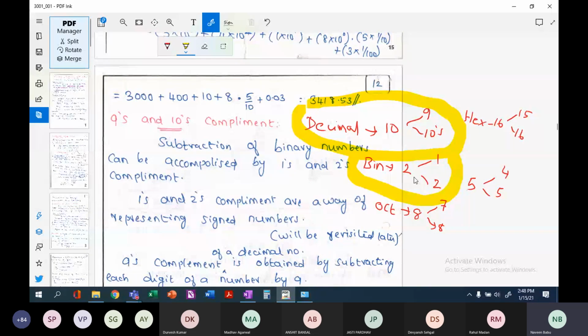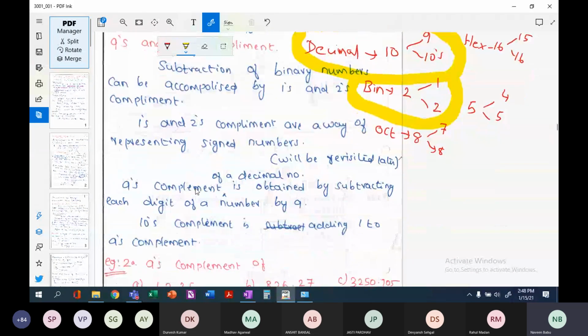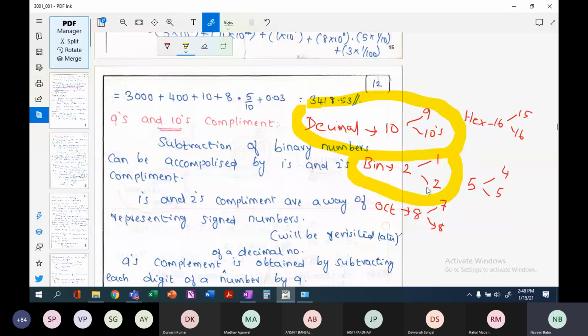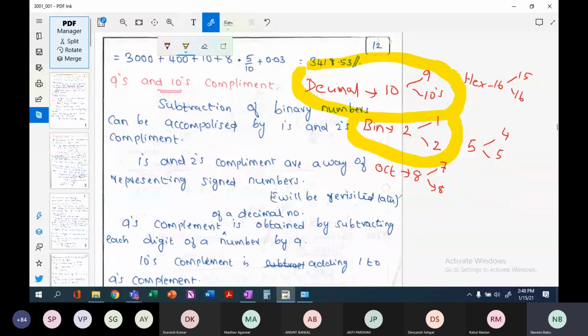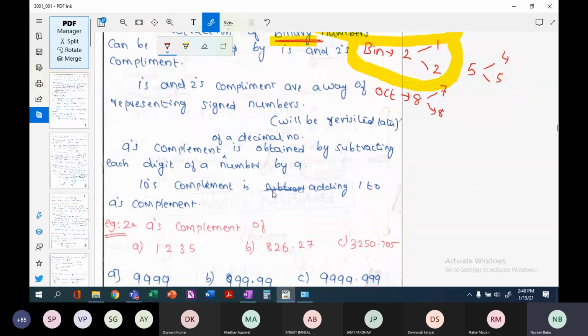That is the reason, as far as this particular chapter is concerned, we will be doing 9's complement and 10's complement, and 1's complement and 2's complement for binary. As mentioned here, subtraction of a binary number can be accomplished with 1's and 2's, but we will see this 1's and 2's later. Now we will start with the decimal number system first.